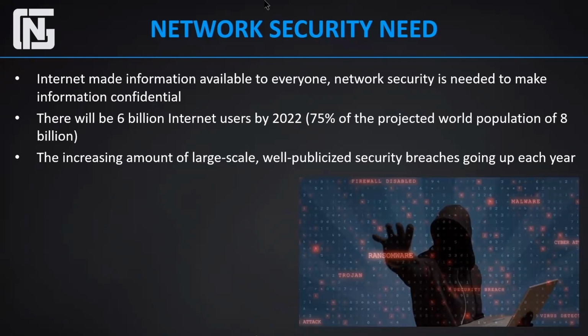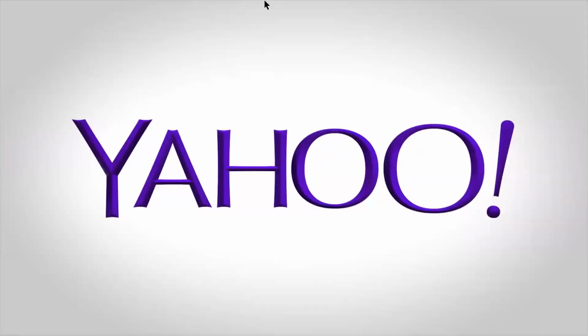its reputation. According to one statistics report, there will be close to 6 billion internet users by 2022, and the other most important thing to take into account is the increasing amount of large-scale, well-publicized security breaches, which are going up every year. Just to name a few, in 2016, 3 billion Yahoo accounts were hacked in one of the biggest breaches of all time.